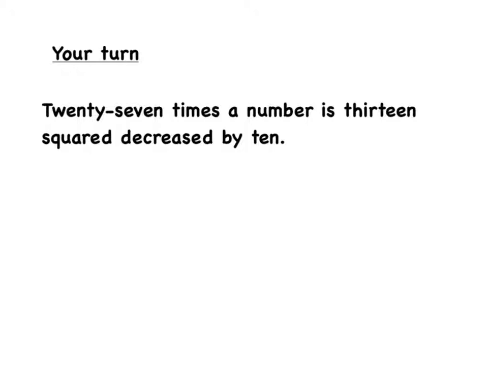Alright, so let's look at each word individually. We are saying that it's 27 times a number. Remember, a number is basically any variable that we want. So I have 27 times a number, and let's just use z. It could be any variable.